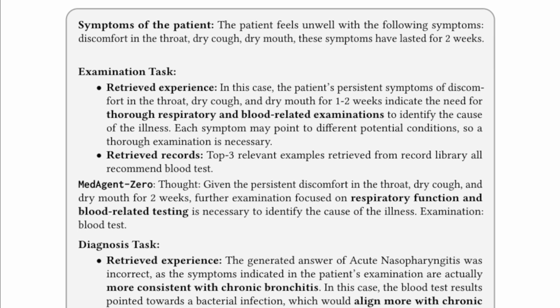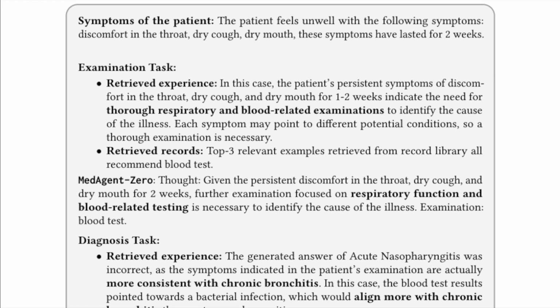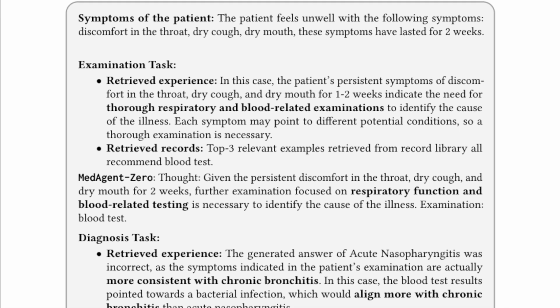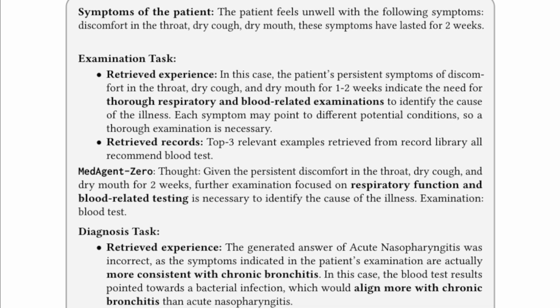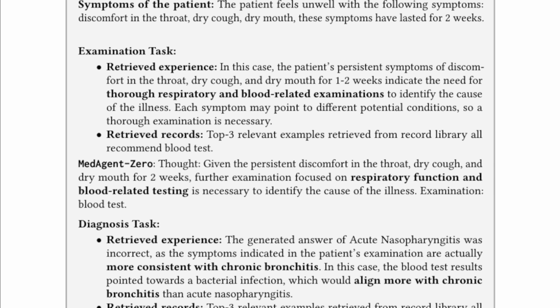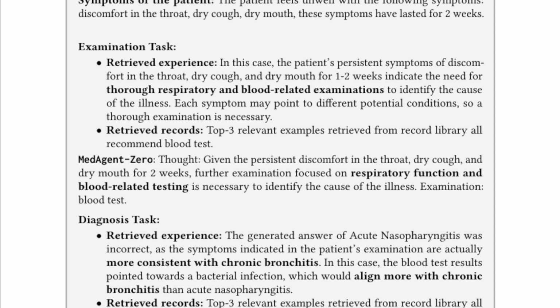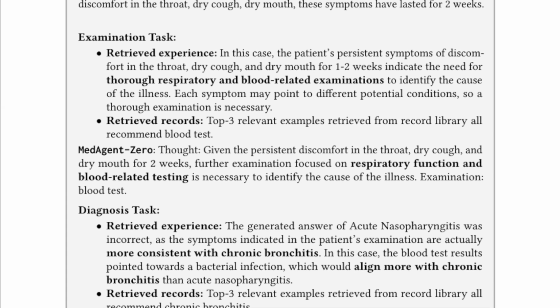Examination task. Retrieved experience. In this case, the patient's persistent symptoms of discomfort in the throat, dry cough, and dry mouth for 1 to 2 weeks indicate the need for thorough respiratory and blood-related examinations to identify the cause of the illness. Each symptom may point to different potential conditions, so a thorough examination is necessary. Retrieved records.